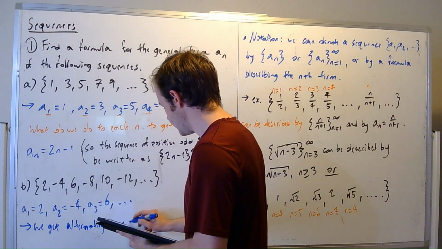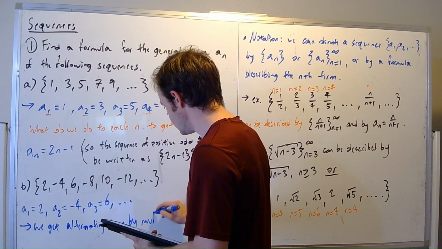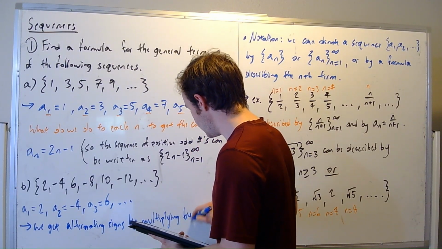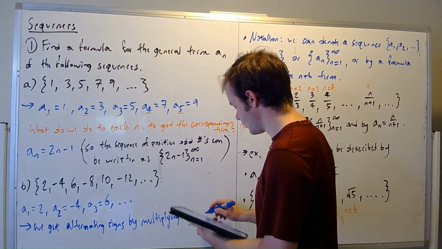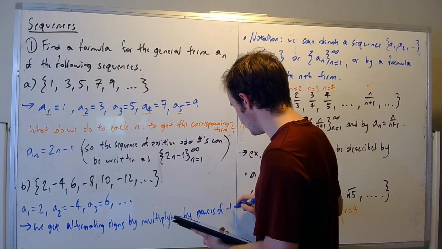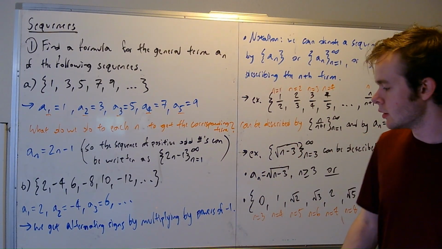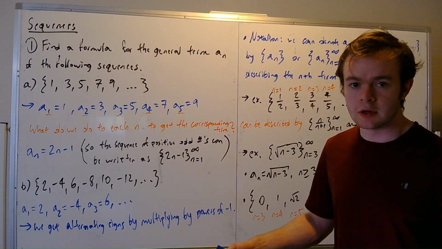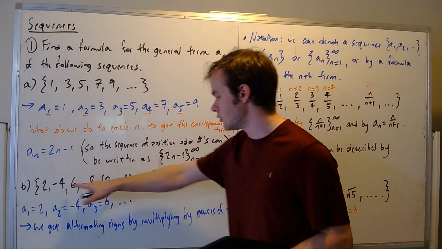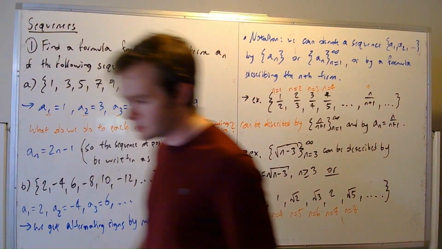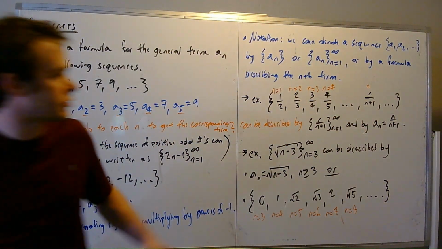So we get alternating signs by multiplying by powers of -1, right? So if we just multiply our formula by some power of -1, then we're going to be able to get these alternating signs. So we need to figure out what the power should be. So that's going to be the next thing.